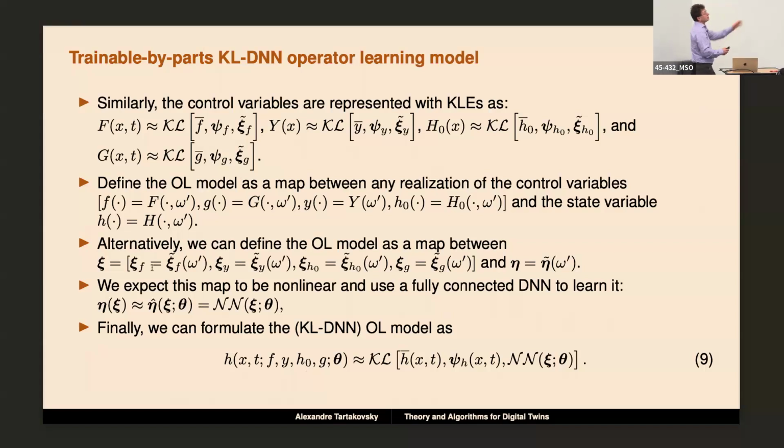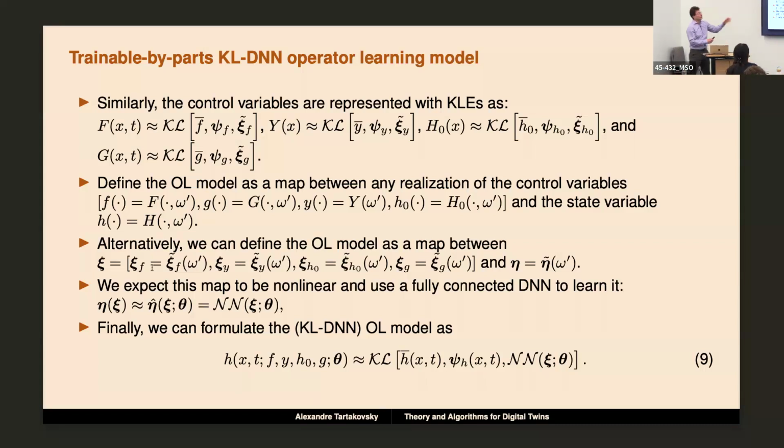So similarly, we can represent the control variables with KL operators, right? And now xi tilde is a random variable, and the subscript denotes, for example, f, a random variable in the representation of the f stochastic process.